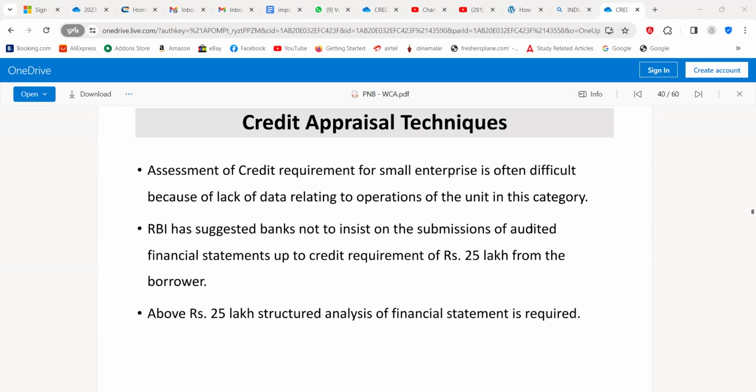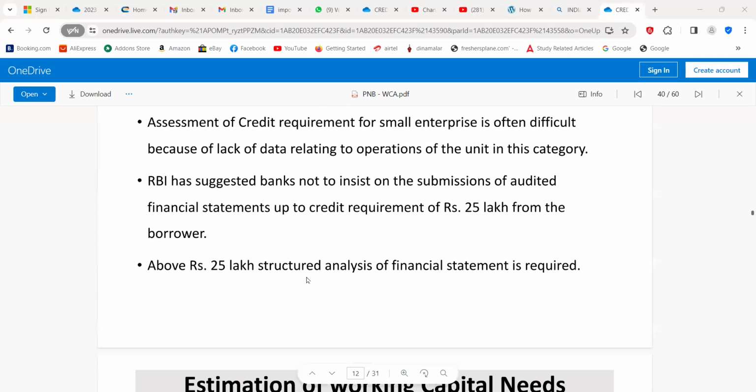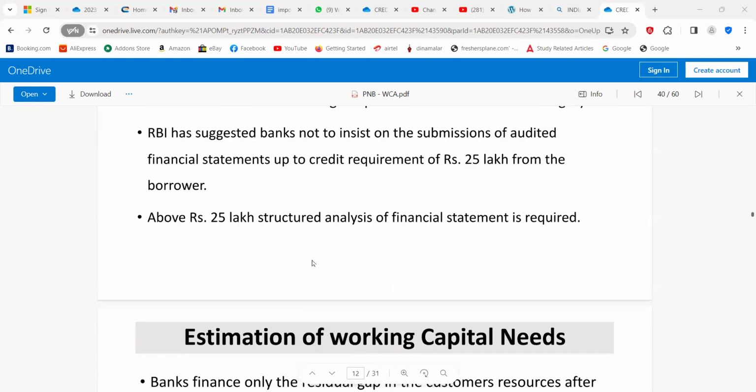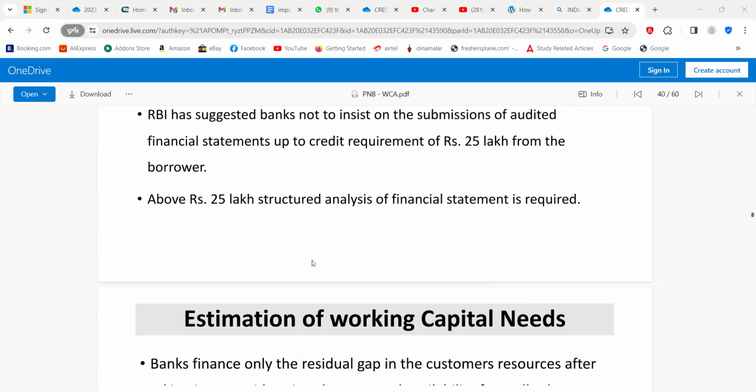Assessment of credit requirements for a small enterprise is often difficult because of lack of data relating to operations of the unit in this category. RBI suggested banks not to insist on the submission of audited financial statements up to credit requirements of rupees 25 lakh from the borrower. Above 25 lakh, structured analysis of financial statements is required.